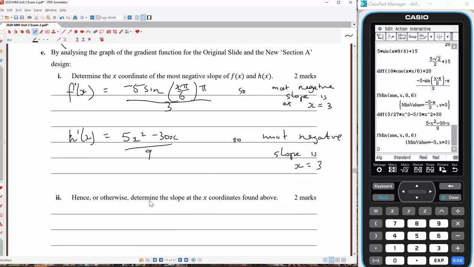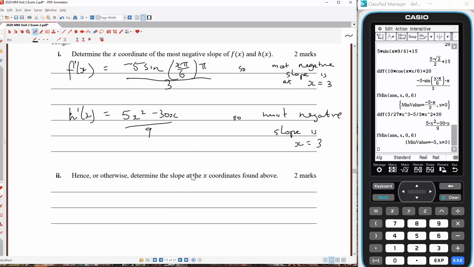So hence or otherwise, determine the slope at the x coordinates found above. So f dash 3 and h dash 3. So what we want is the gradient at both of these points. So we just found out the last one, so that's going to be -5. And the other one is going to be -5 pi on 3.